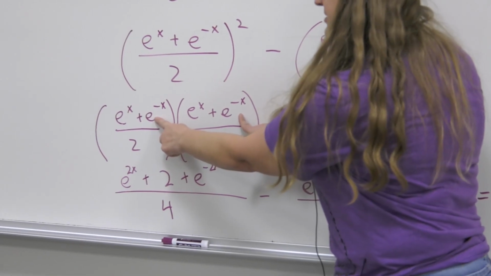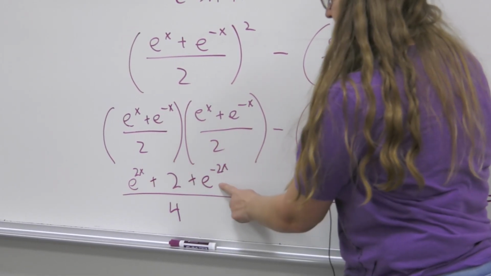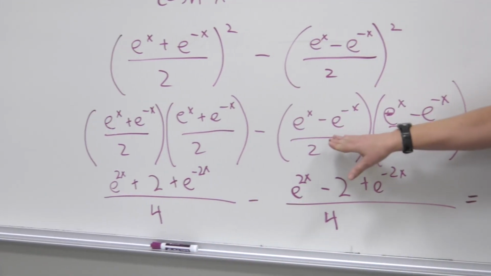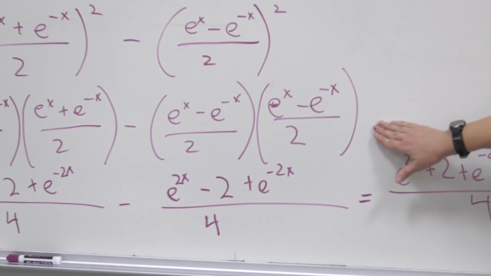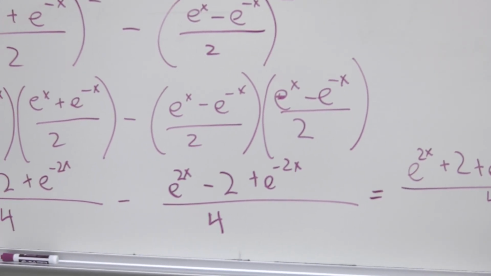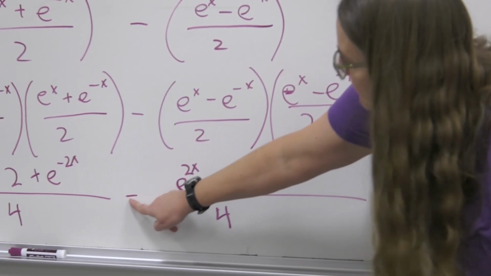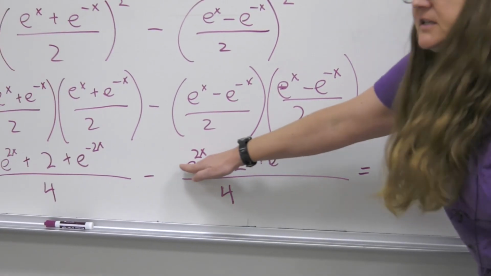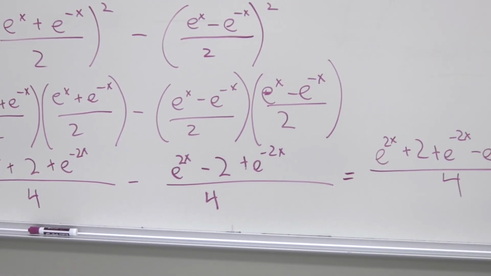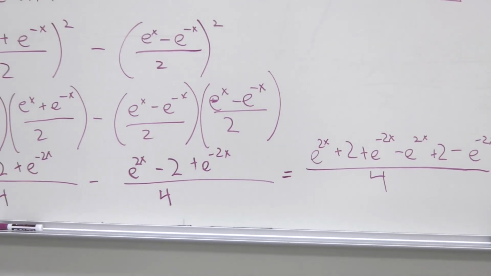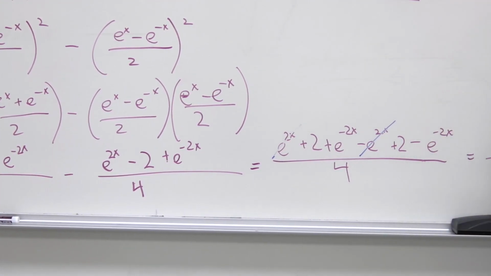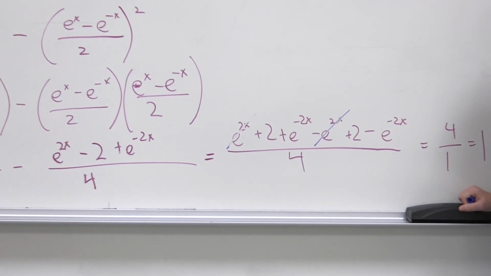And then the last terms are e to the negative x squared, or e to the negative 2x, all over 4. We FOIL this out as well, same basic procedure. And then all I did is I rewrote the terms distributing that negative, because I'm going to be subtracting all three of these terms that are on top of that second fraction. And I can see when I do that, I get an e to the 2x and a minus e to the 2x, so those are going to cancel.